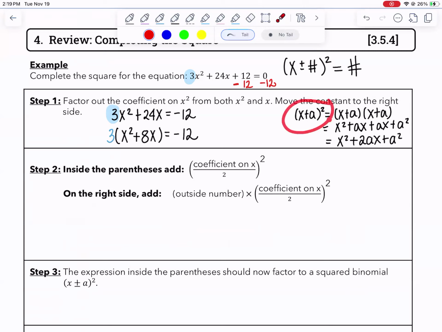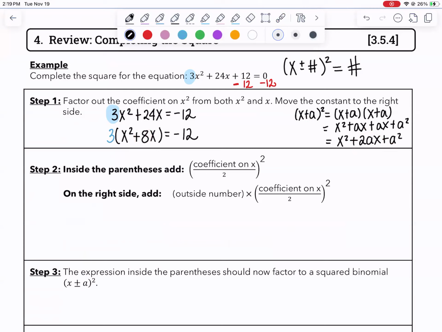So we want it to be a form like this, which means the inside part needs to look like this, and we need a constant there. This number right here, we need it to be twice the number that ends up being here. So we need to find a way of figuring out what this number is.